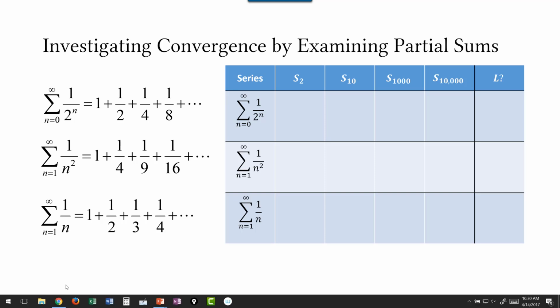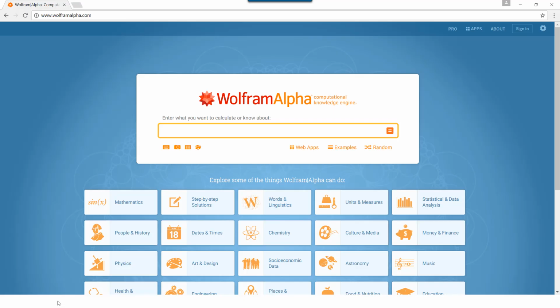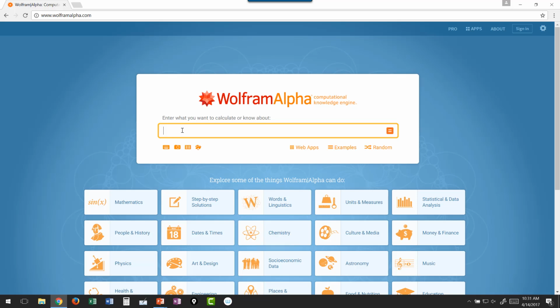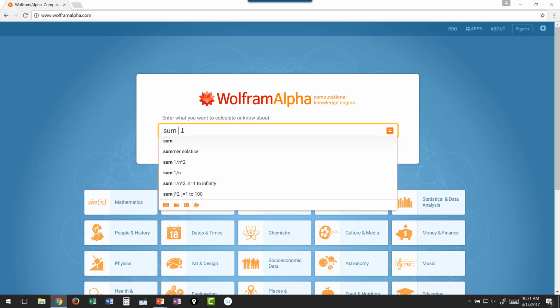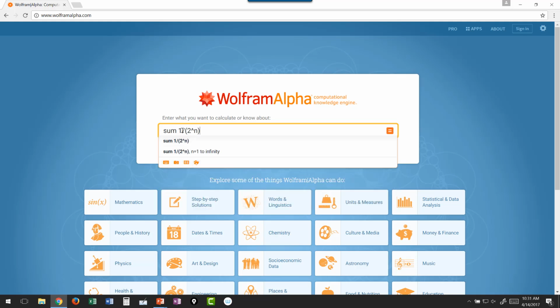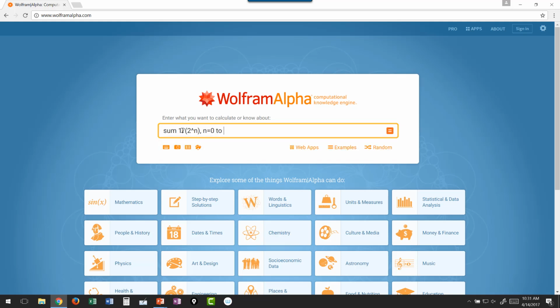I'm going to go to Wolfram Alpha, and it's easy to type in the sum that we need. Here I want the sum, and actually you can type sigma as well, it understands that. And it looks like 1 over 2 to the n, and my first partial sum would be from n equals, sorry, not 1 to 2, 0 to 1.